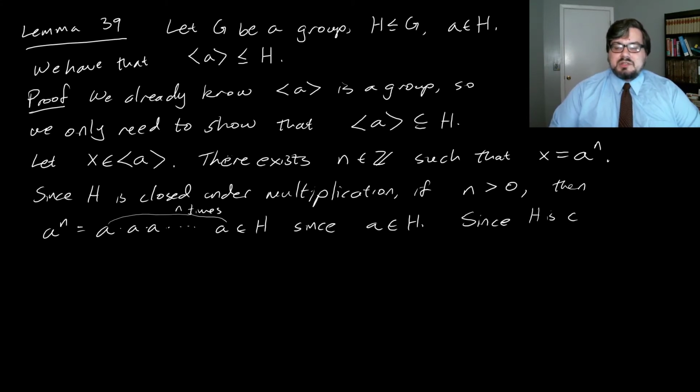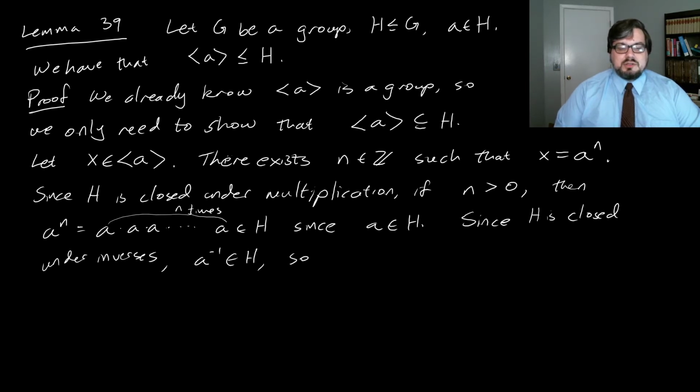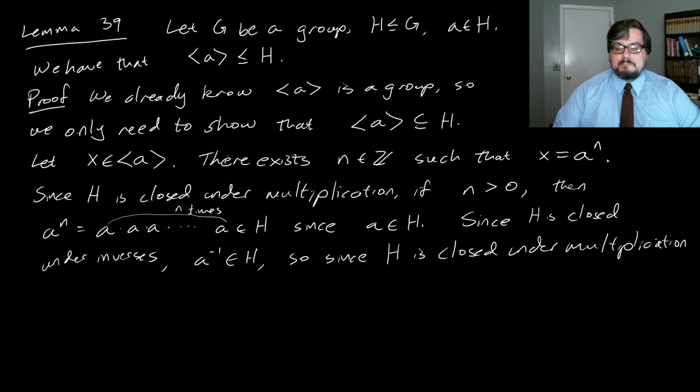Since H is closed under inverses, A inverse has to belong to H. So since H is also closed under multiplication, if n is less than 0, then A to the n is the same thing as A inverse to the negative n.